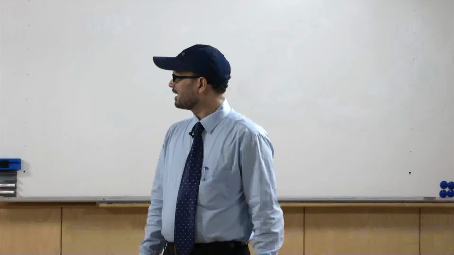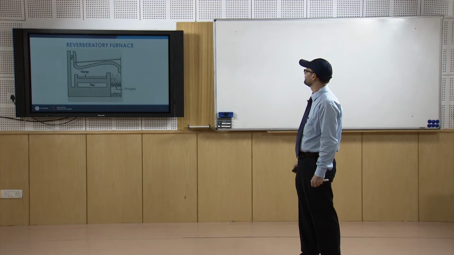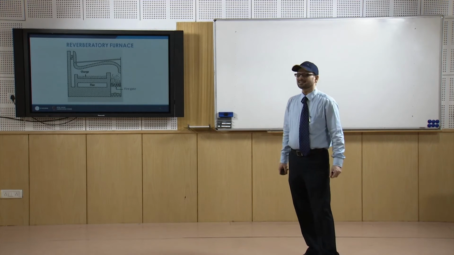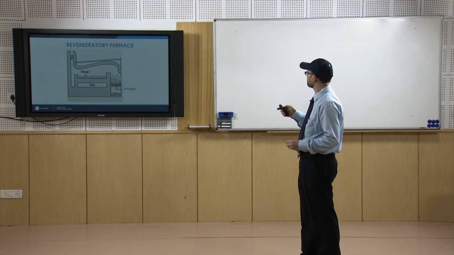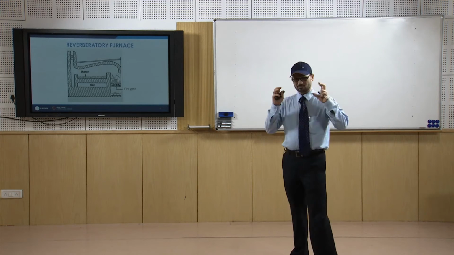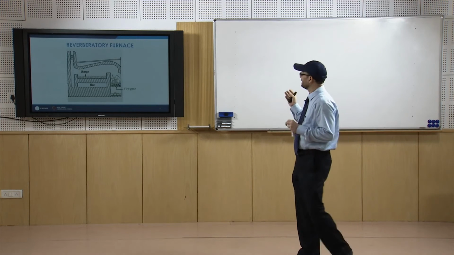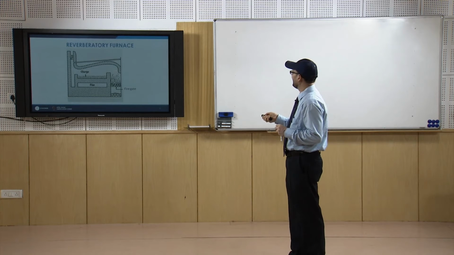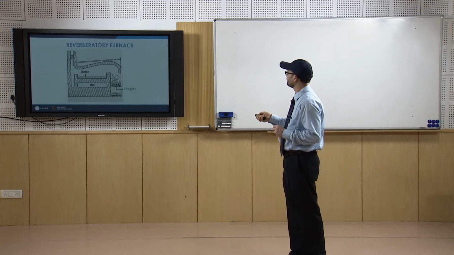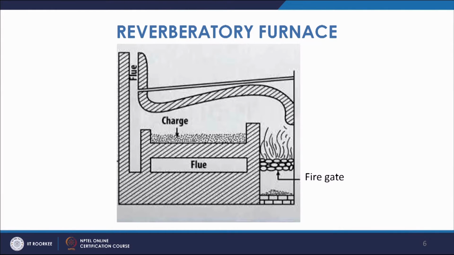There is a furnace known as the reverberatory furnace. In that, you have the charging, and you fire the furnace from one end. The products of combustion supplied to this charge provide a large amount of heat, and that heat is able to melt the material.